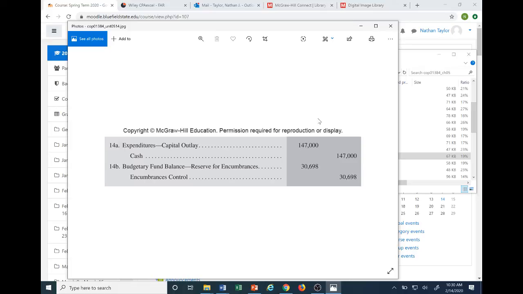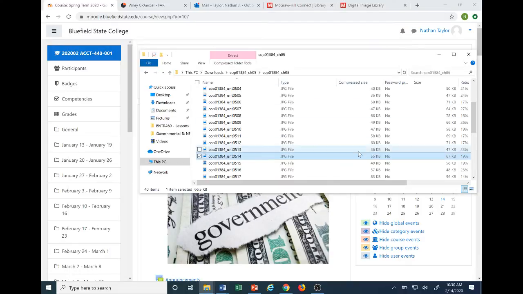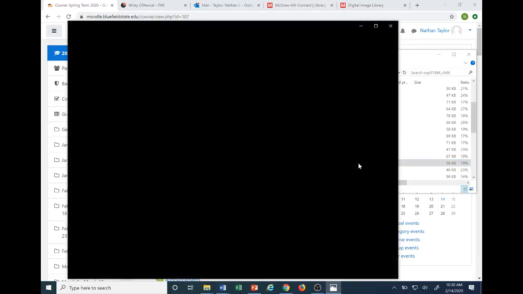So that's where we're seeing the difference, with the expenditures capital outlay of $147,000 and cash for $147,000, because it's the actual amount of $30,500 and the $116,500. But we had to unencumber what was previously ordered, right? So they're just combining entries here instead of doing them separately. You were good on that one?